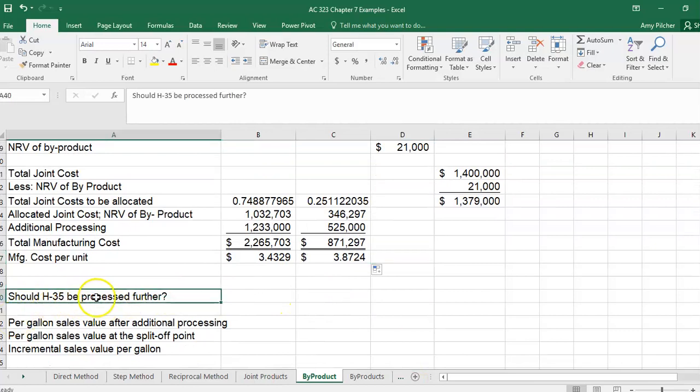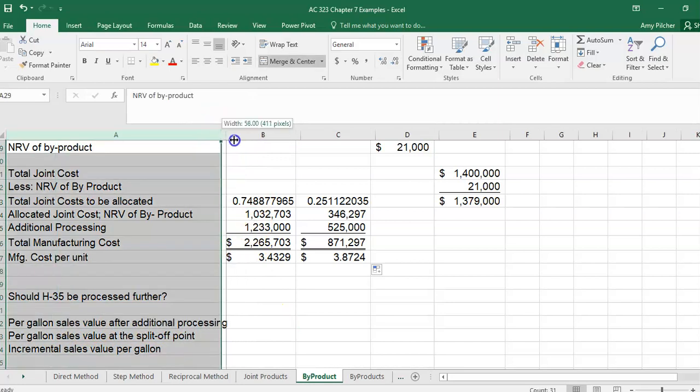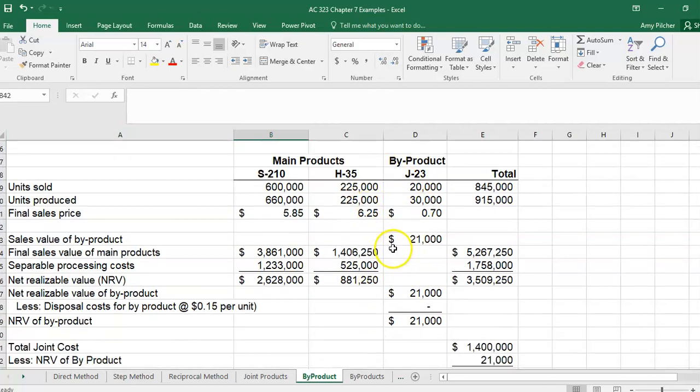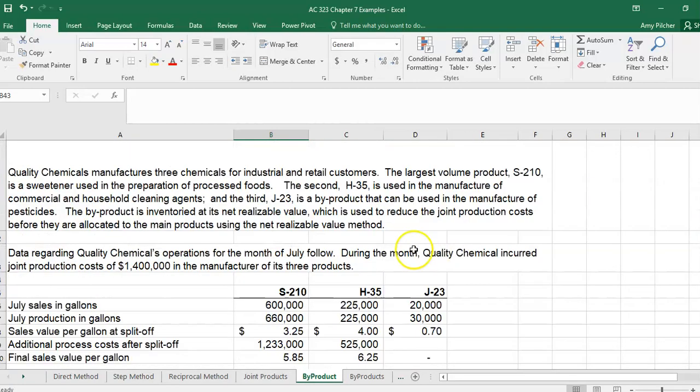Then our next question is, should H35 be processed further? So we have our per gallon sale after additional processing. So that is $6.25. Our per gallon sales value at split off, I think I forgot to type that.